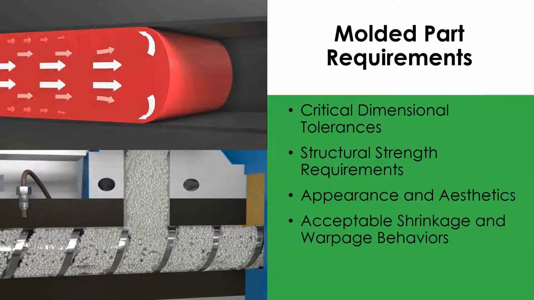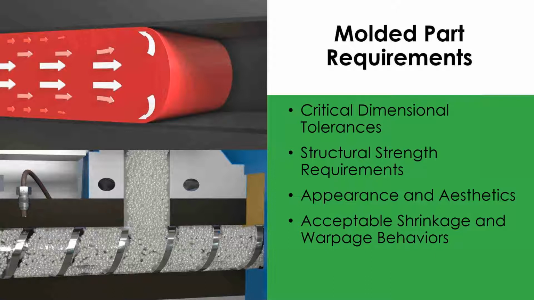In addition, of course, you need to evaluate what acceptable shrinkage and warpage behaviors are in the part. For example, if you have an assembly of multiple plastic parts that have to be assembled at a later stage, then you have to really understand the warpage behavior of each individual part.